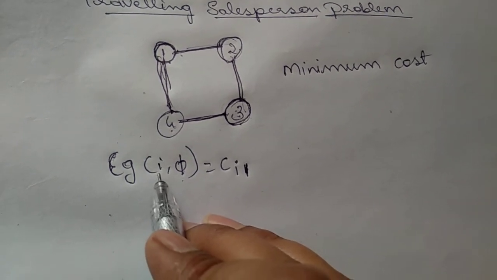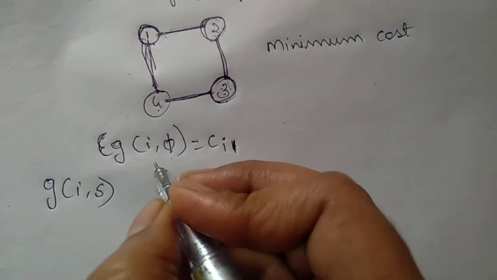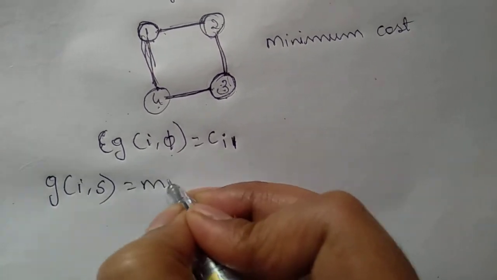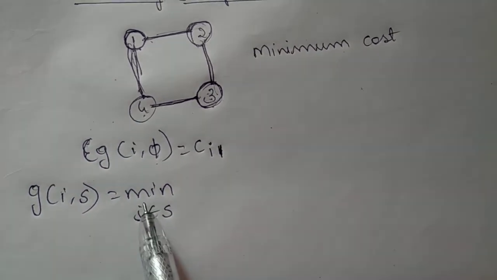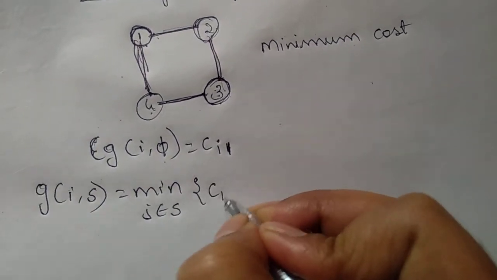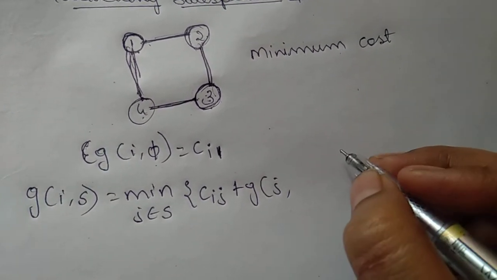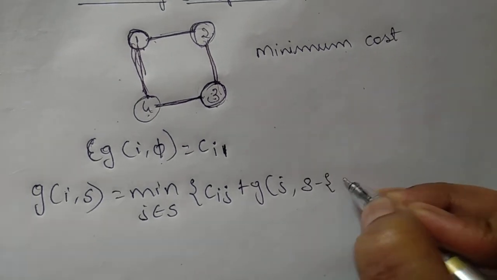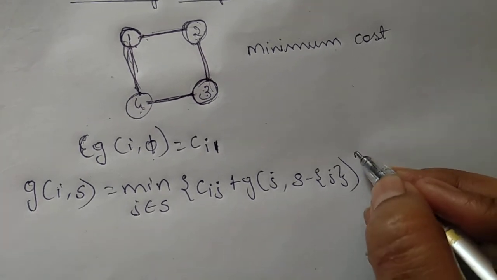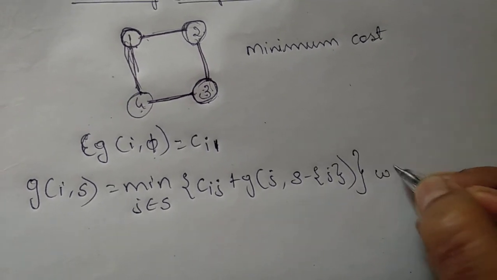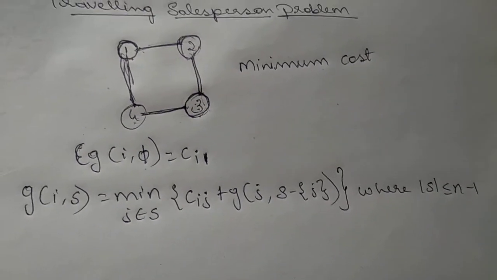If you have more vertices, then g of i comma S is equal to minimum over j belonging to S, because we have to find the minimum cost, of cij, the cost from i to j, plus g of j comma S minus j, where the size of S is less than or equal to n minus 1.